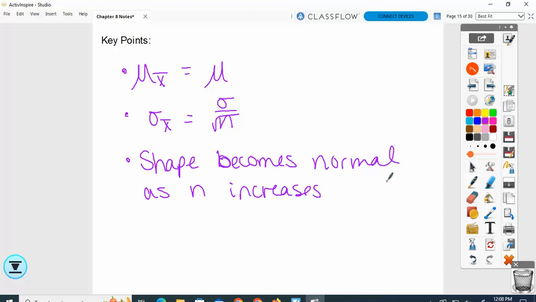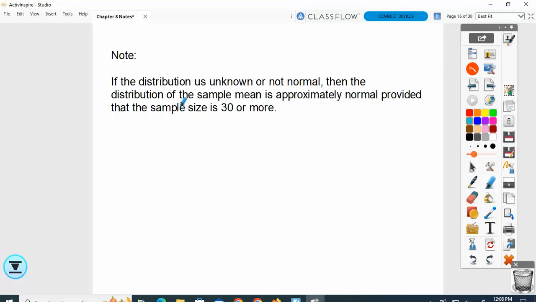And our guideline from here on out, we will use this frequently. If n is 30 or more, the sample mean is approximately normal. So our sample means will become normal as long as we have 30 or more.